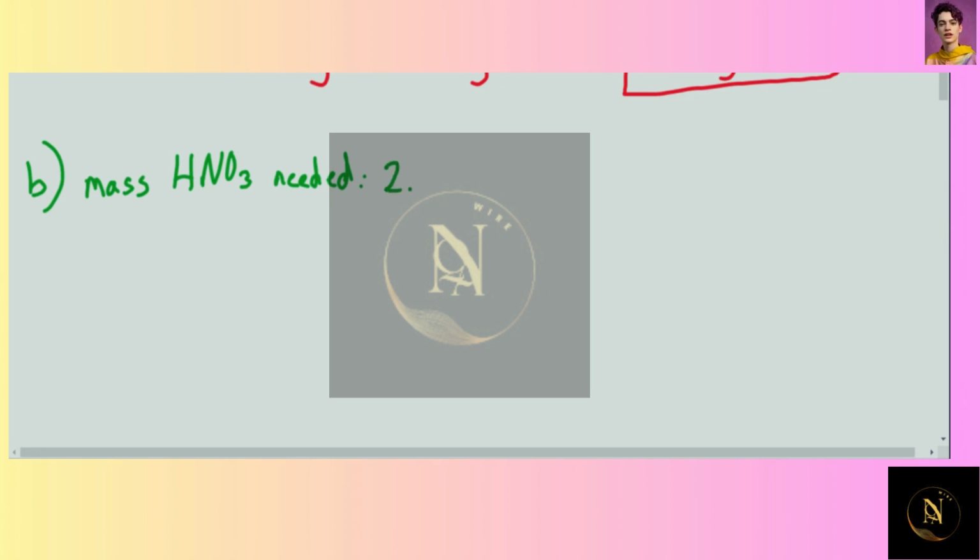So we know that our target solution is 2.2% nitric acid. And so we put that over 100, because that's representative of the total mass. Now we want to make 1.2 kilograms, so that's the total solution.